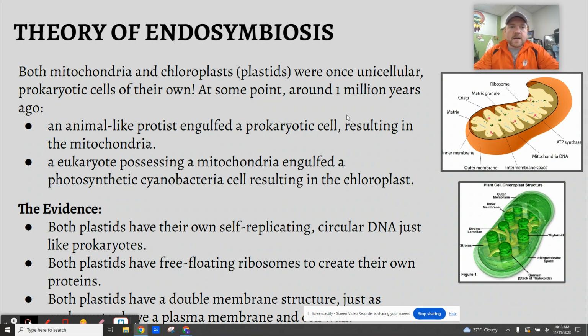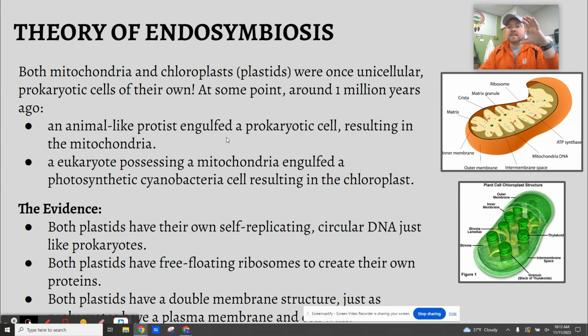So both mitochondria and chloroplasts, sometimes called plastids, were once unicellular prokaryotic cells of their own. So think of some of those protists that you saw swimming around in the pond water. But at some point around 1 million years ago, an animal-like protist engulfed a prokaryotic cell. Think of the bacteria that you saw, resulting in the mitochondria.